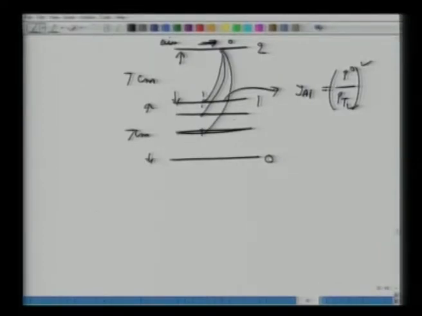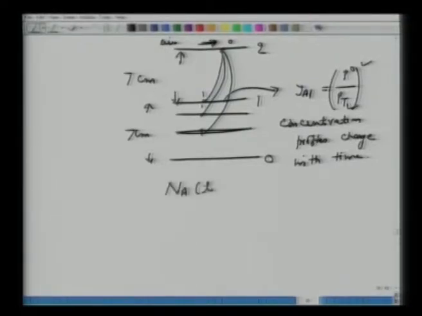So concentration gradients, or concentration profiles, change with time. And the question was asked, that's why, Na at T equal to 0, what happens?